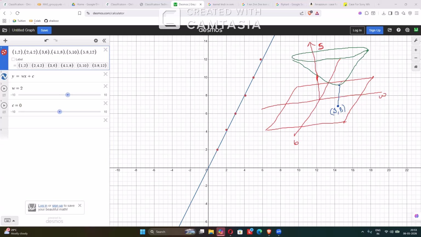Which has the minimum value for this S. And how can we find this? Can we use gradient descent? Exactly. This is why we have learned gradient descent.